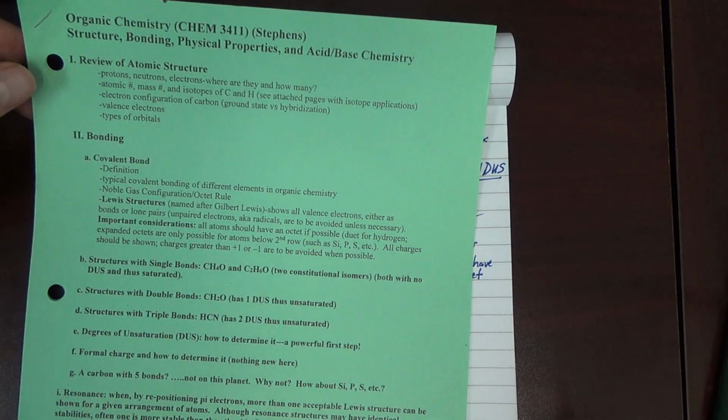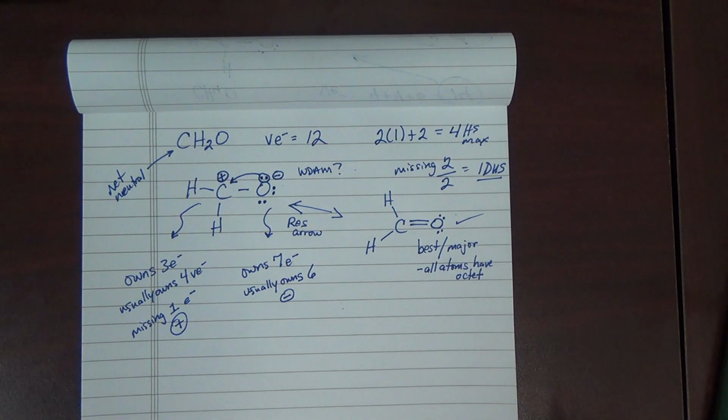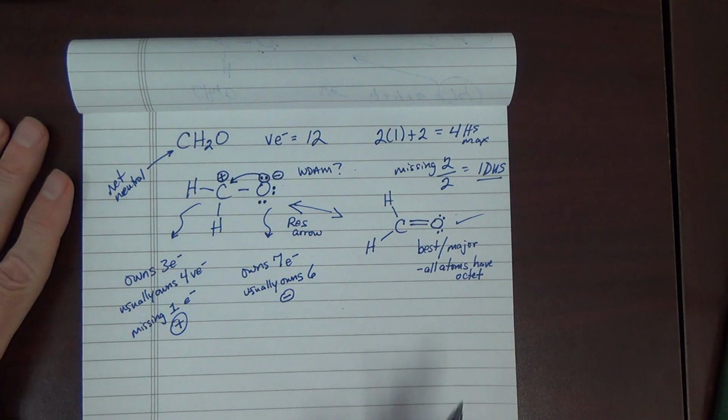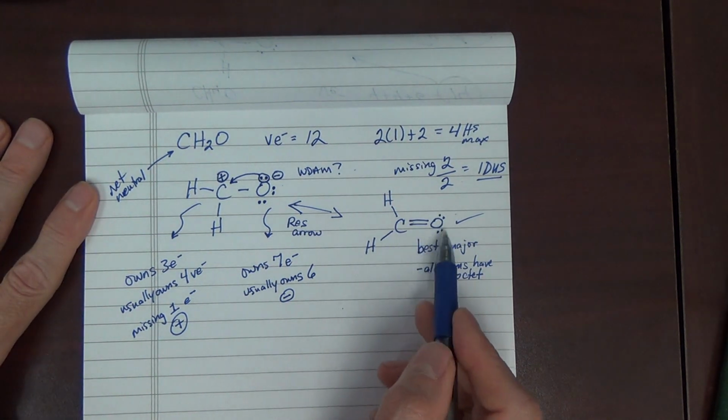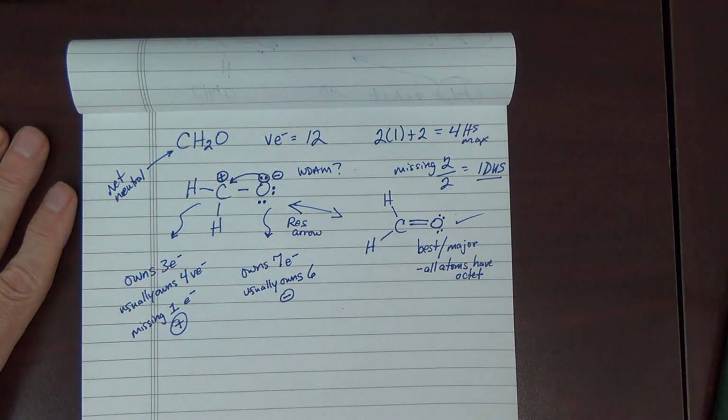Unless I'm trying to trick you or something, and that would be just bad. If something has a charge, you need to show it not only with structure, but also with formula. It's net neutral. Here's our best structure. You see there's nothing charged, but this is net neutral as well.